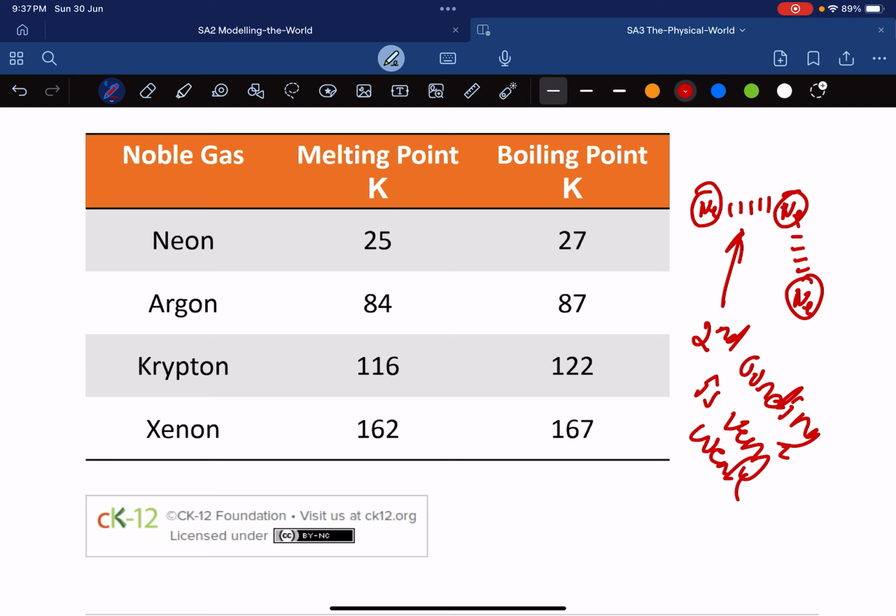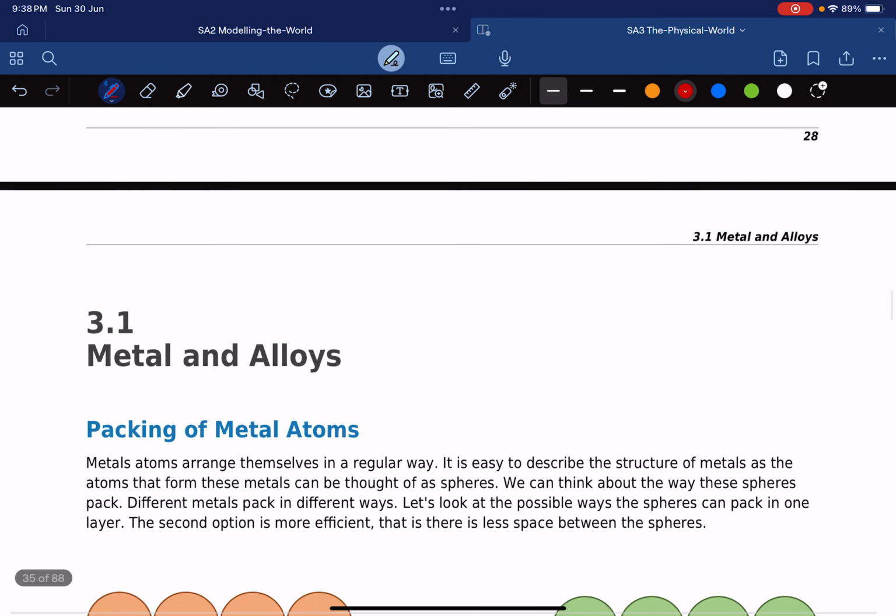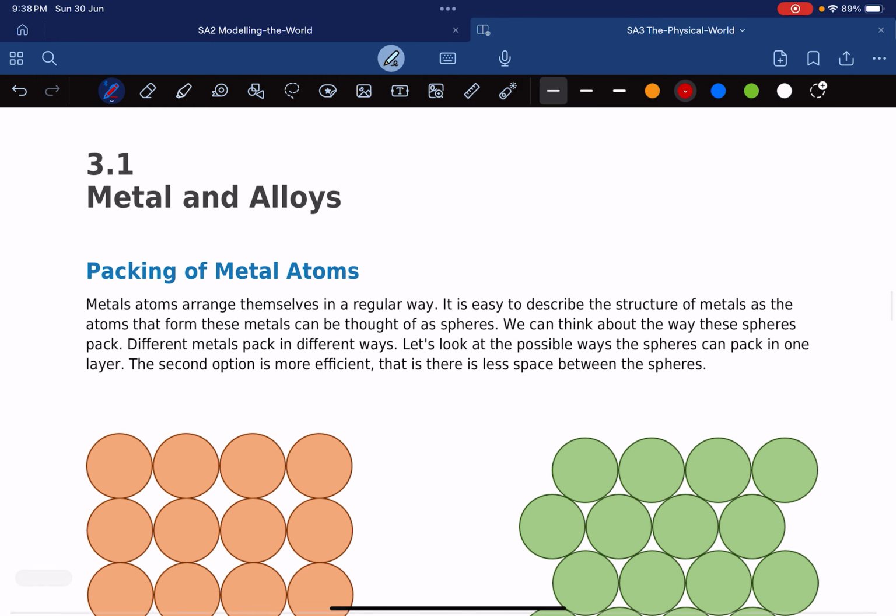And again, the same concept, as you go from here, the molar mass is increasing. As the molar mass increases, the secondary bonding strength also increases, so the melting and boiling points will increase. Okay, so that will bring us to the next part, metals and alloys.